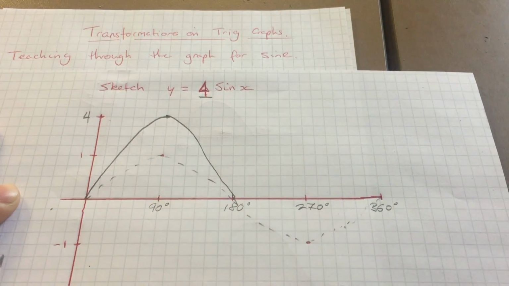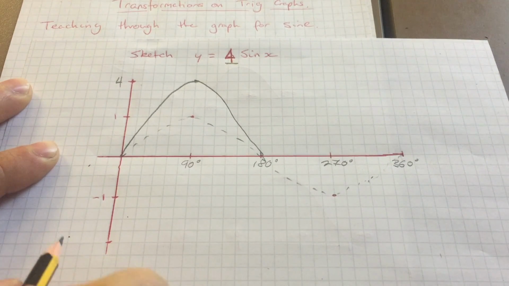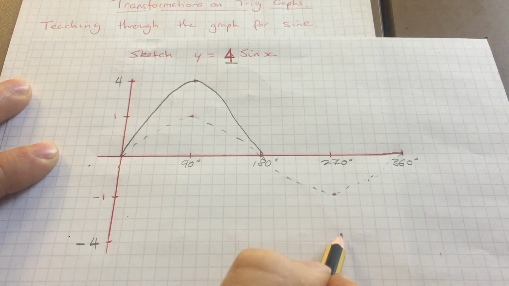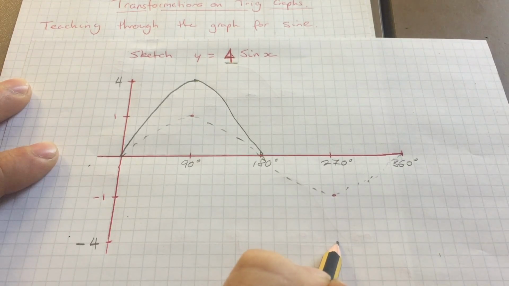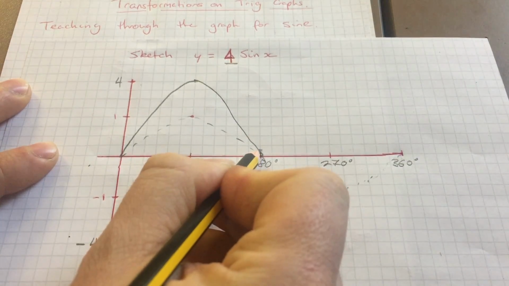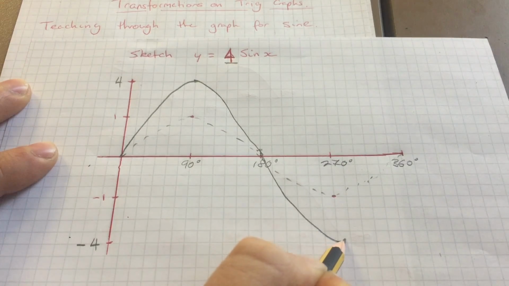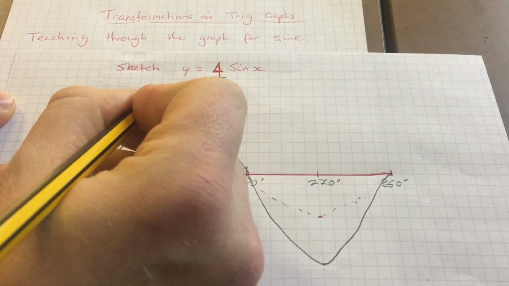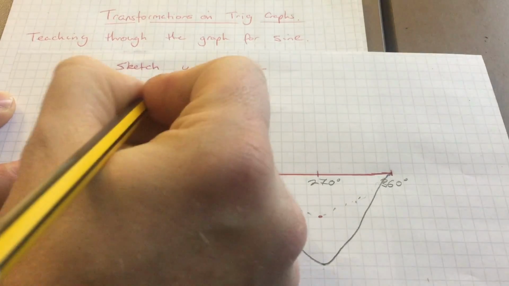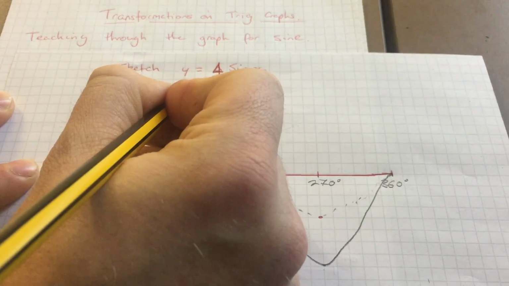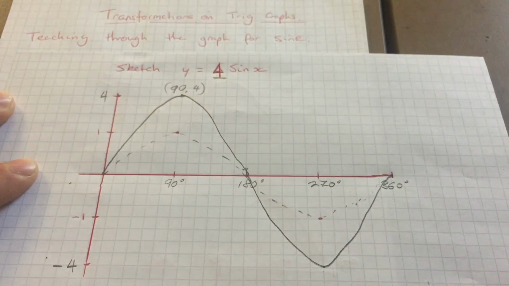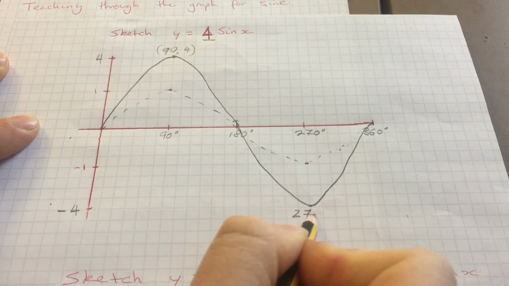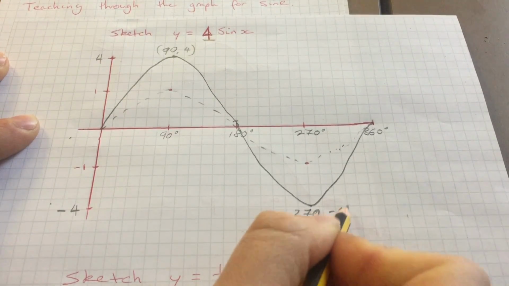Then we go down to a minimum height of -4, nice and easy there, before we turn back up. So our new maximum turning point is at 90 along and 4 up, and our new minimum turning point is 270 along and at -4.